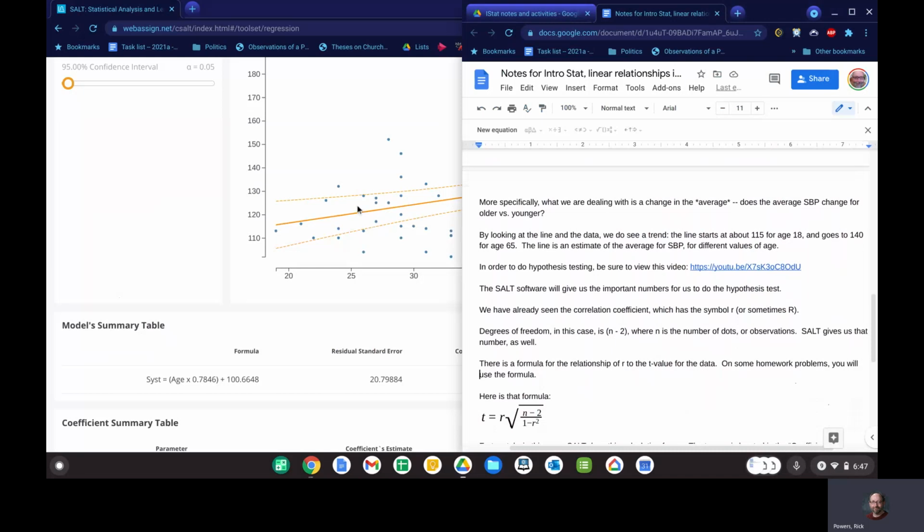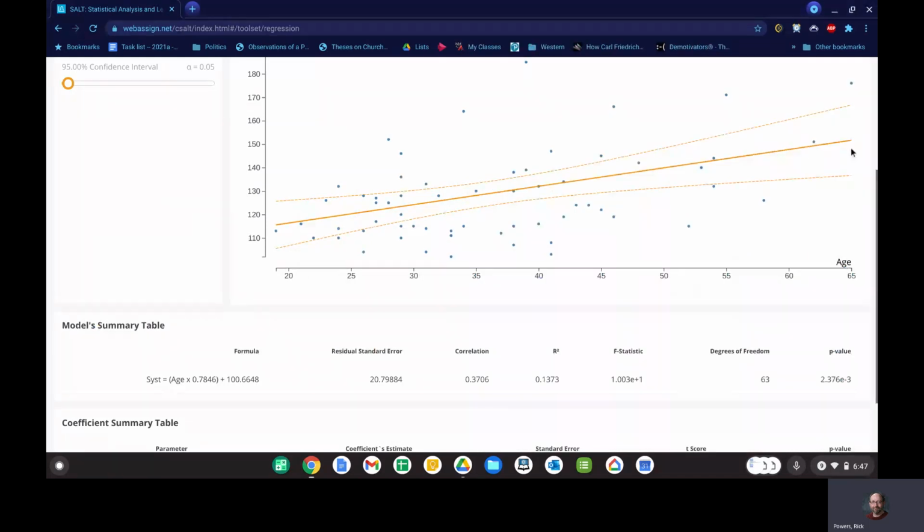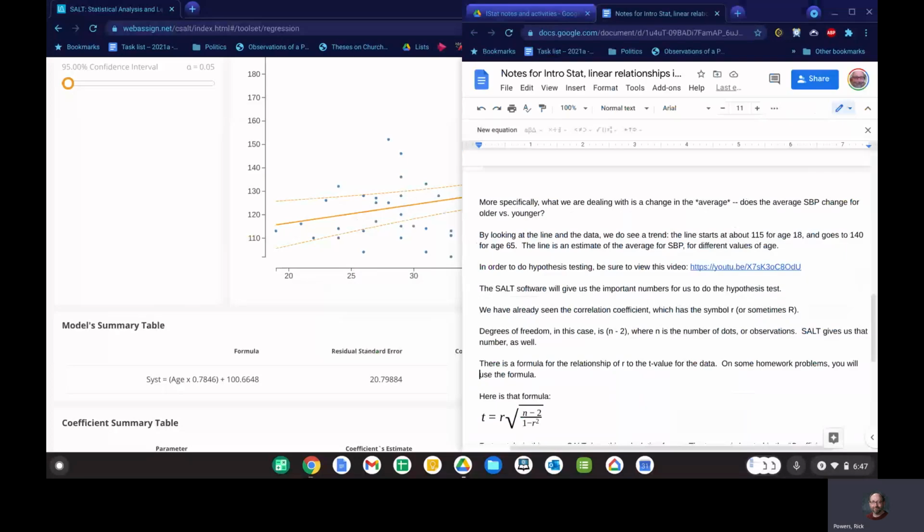The line starts at about 115 for age 18 and then goes to 140 for age 65. This line is an estimate of the average for systolic blood pressure for different values of the age. In order to do hypothesis testing, be sure to view this video.